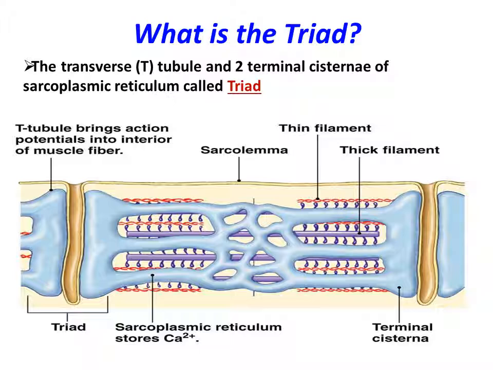These three parts are called triad, and it is a very important connection between them to release the calcium from sarcoplasmic reticulum. And as we said, the calcium is very important to start skeletal muscle contraction.